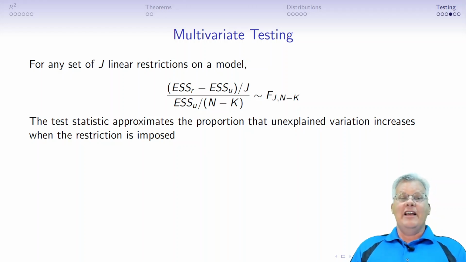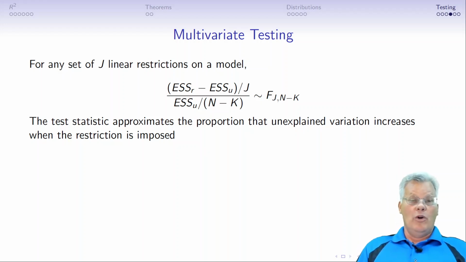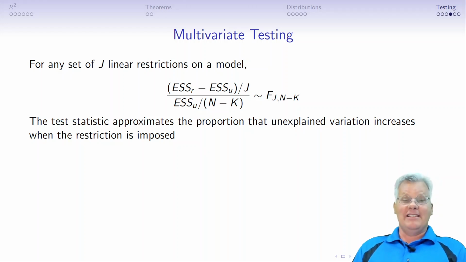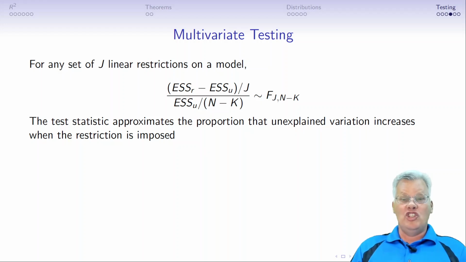For any set of j linear restrictions on a model, I can say that the error sum of squares in the restricted model, where I impose my restrictions, minus the error sum of squares in the unrestricted model, that quantity divided by the number of restrictions, divided by the error sum of squares in the unrestricted regression equation, is distributed F, with j numerator degrees of freedom, where j is the number of restrictions, and n minus k denominator degrees of freedom.